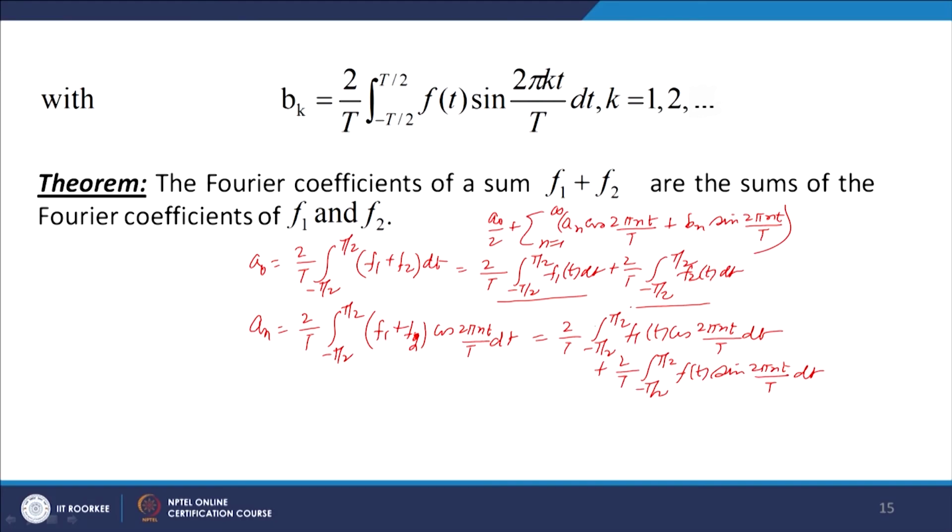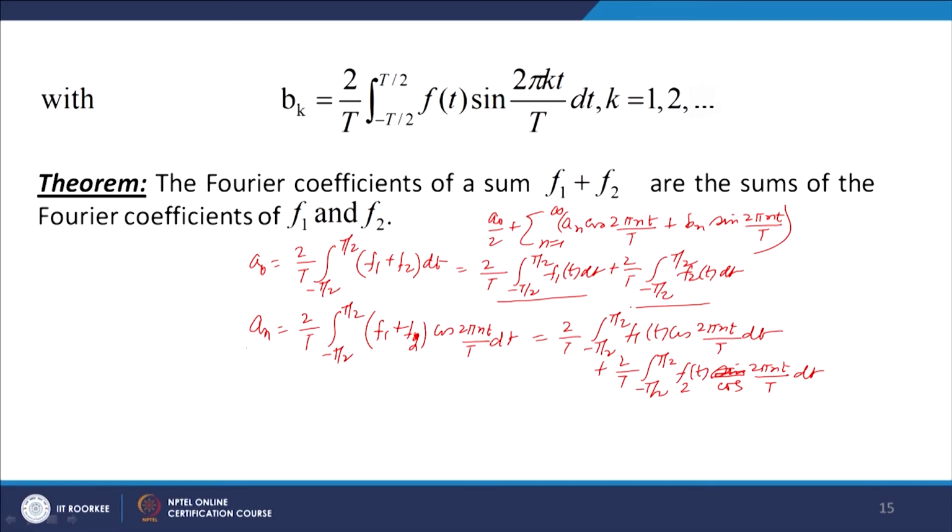This is Euler's formula for f 1, the coefficient of cos(2 pi n t by T) in the Fourier series of f 1(t), and this is the coefficient of the cosine terms in the Fourier series for the function f 2.